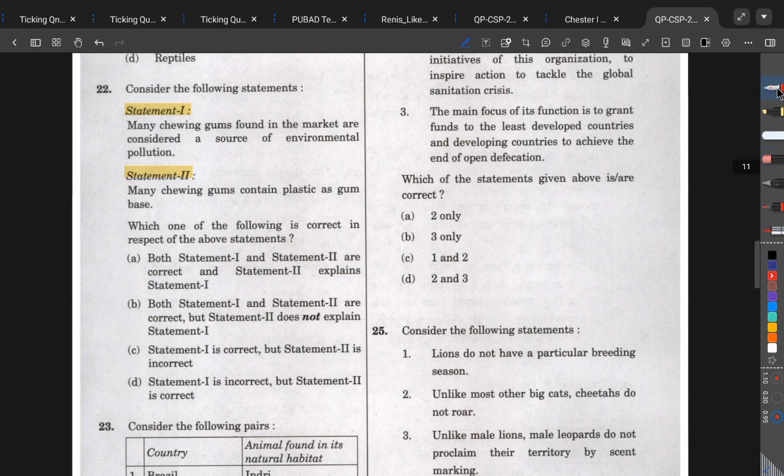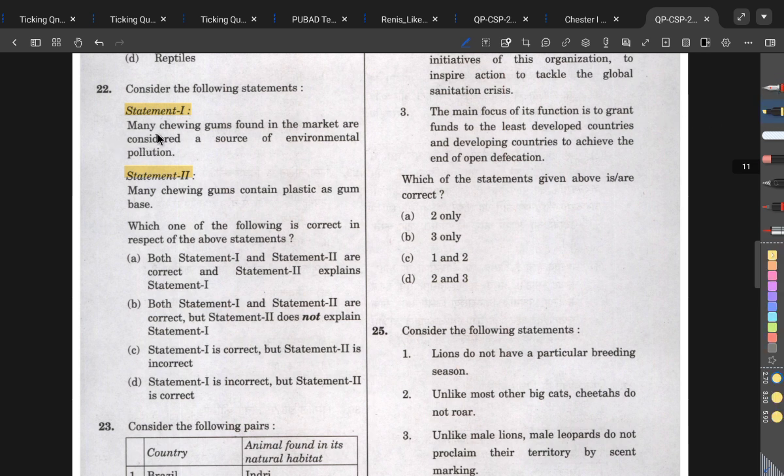To solve this, let's take the 22nd question. Let me read the question. Consider the following statements. Statement 1: Many chewing gums found in the market are considered a source of environmental pollution. Statement 2: Many chewing gums contain plastic as gum base. Now let's break it down.